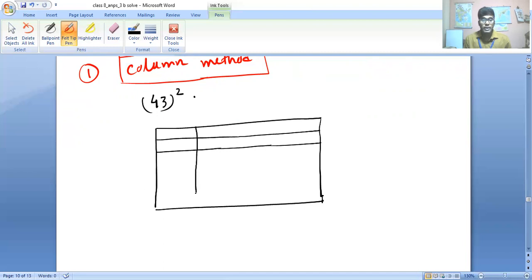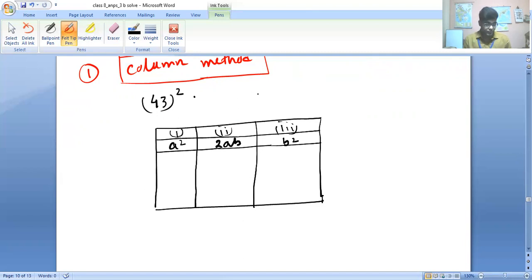This table will have three columns: column 1, column 2, and column 3. In the first column, we will write a square. In the second column, we will write 2ab. And in the third column, we will write b square.